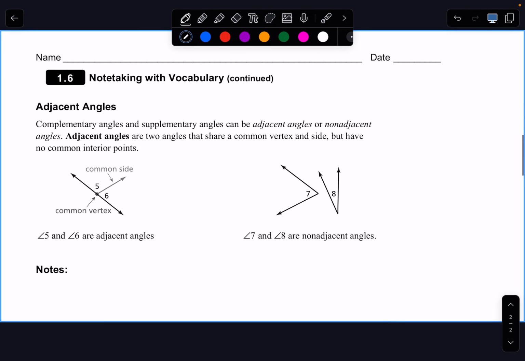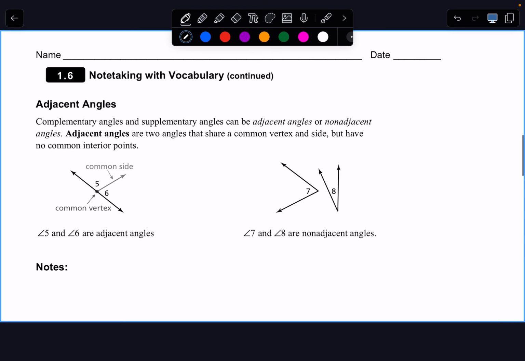Okay, so go ahead and turn the page. We are really going to have to get used to this word adjacent. Adjacent, common vertex, common side. Non-adjacent, hey, they're not next to each other.